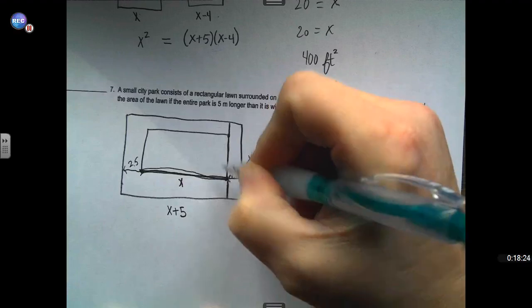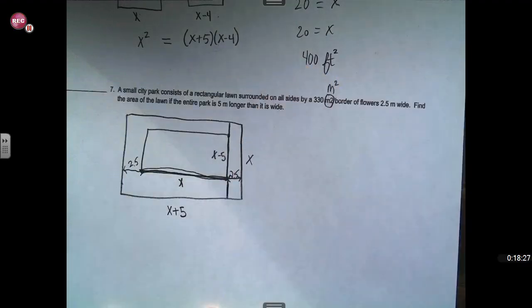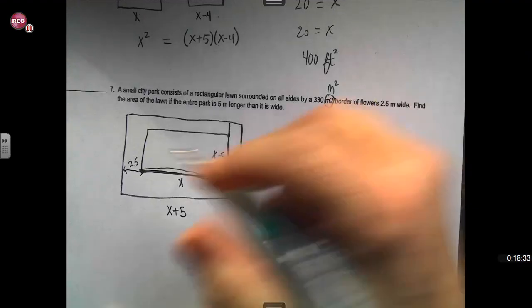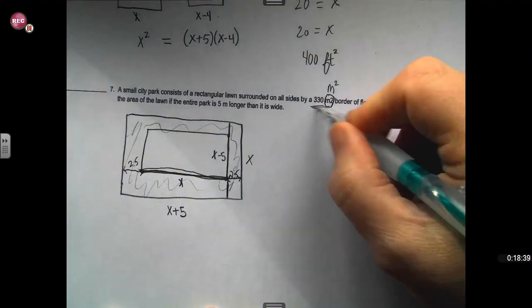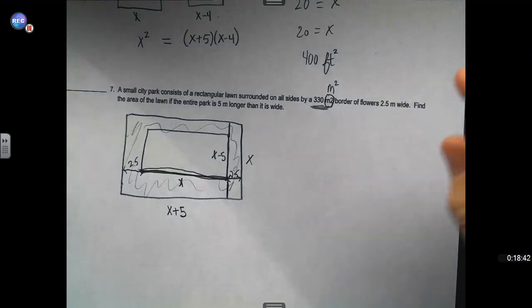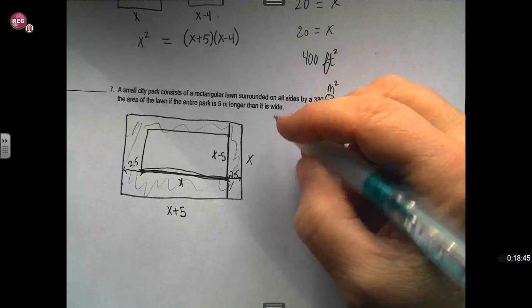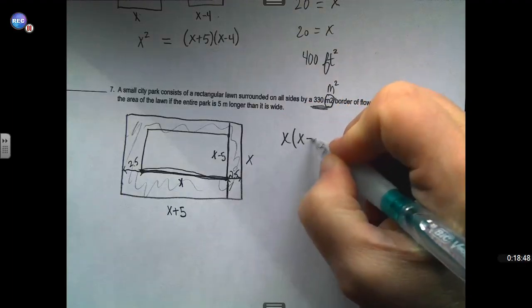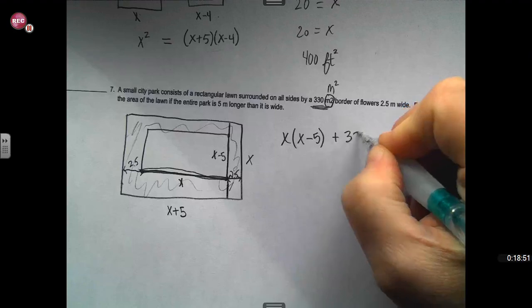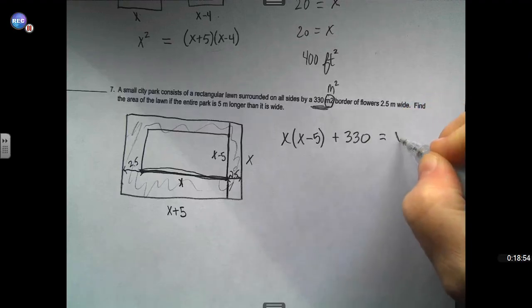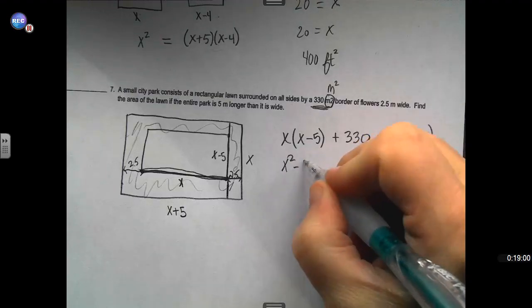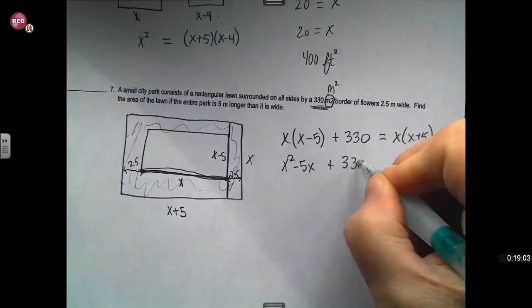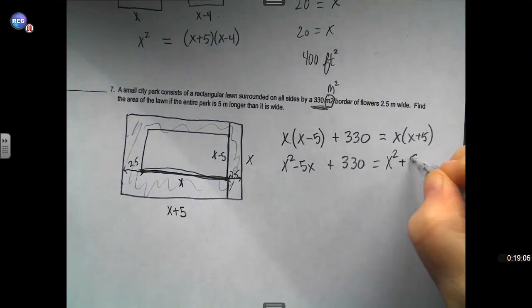So from here to here is going to be x minus 5. And it says the flowers are 330, the area of the flowers around there is 330 square meters. So again, I can take that small rectangle, x times the quantity x minus 5, add the area of the flowers, and it's going to equal the area of the big rectangle. And so this is x squared minus 5x plus 330 equals x squared plus 5x.